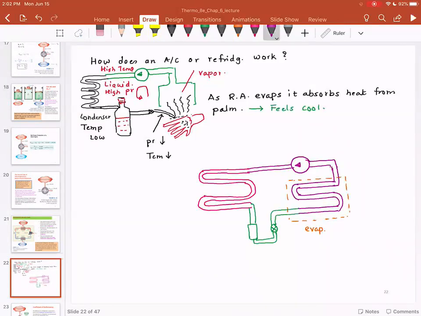So you have an evaporator, you have a condenser, you have a throttling valve, and you have a compressor.